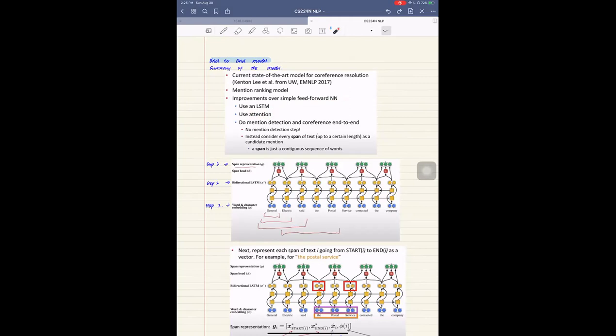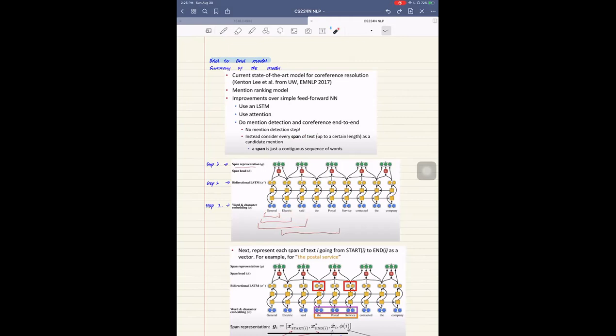It's a span of text. A span is just a contiguous sequence of words. For example, one word can be a span, General Electric can be a span, and General Electric said can also be a span. So you could have spans of various lengths.